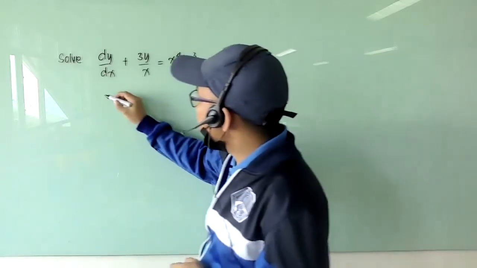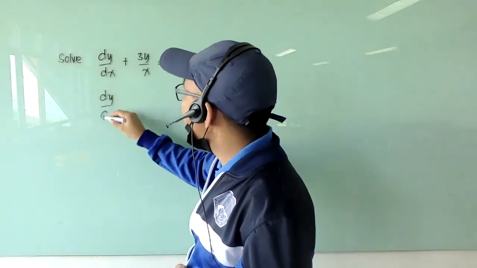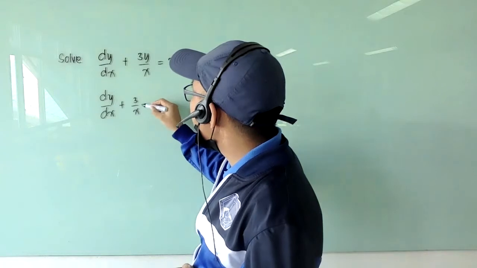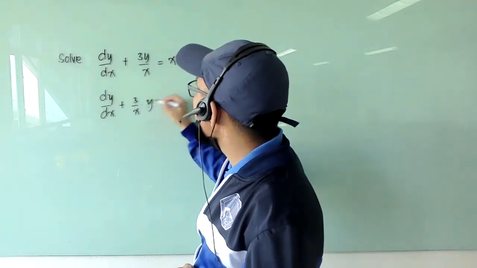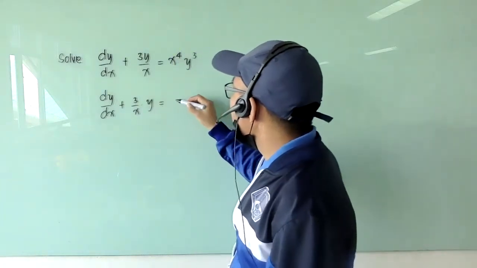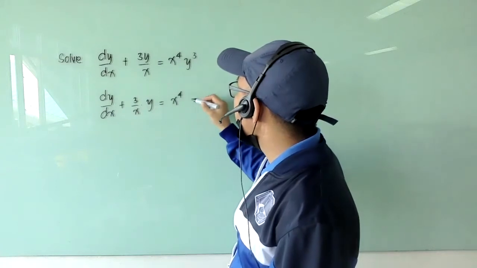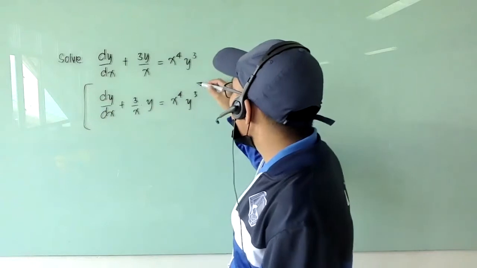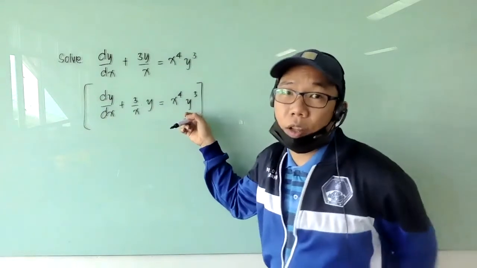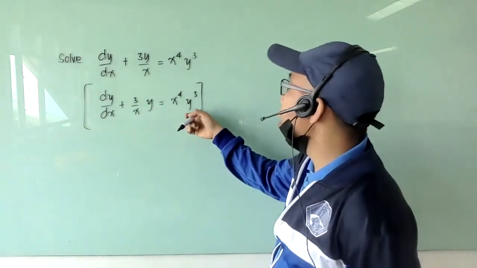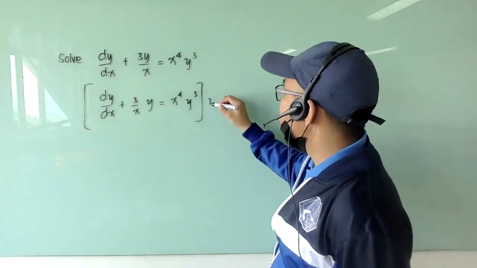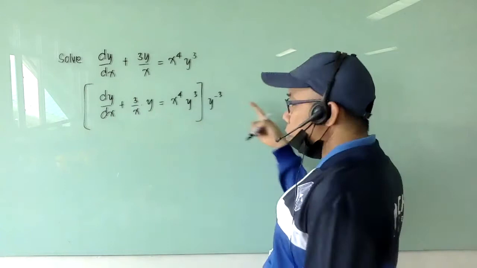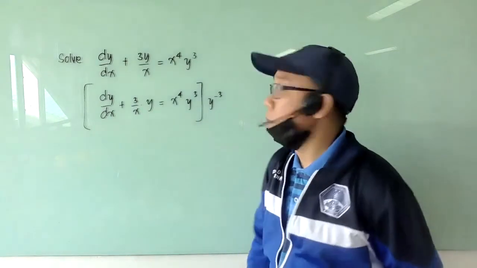So dy/dx + (3/x) y equals x^4 times y^3. To eliminate y^3 on the right-hand side, we multiply both sides of the equation by y^(-3), or basically divide the entire equation by y^3.